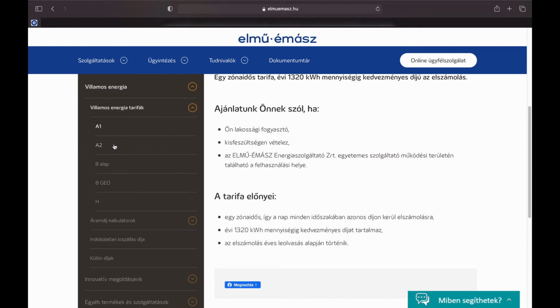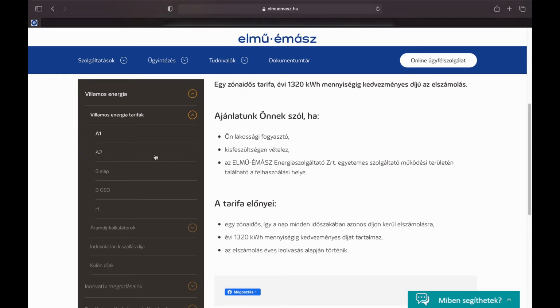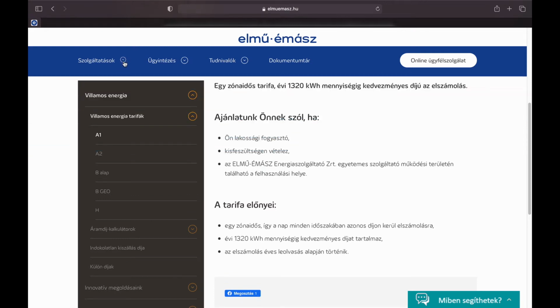And usually with the A2, from what I understand, basically elmű is passing the savings to the landlord. If, for example, there's central heating and he has a nighttime boiler that's being run at night to warm the building, that's an A2. That's an example of having the A2. But again, just make sure that you know which one it is.